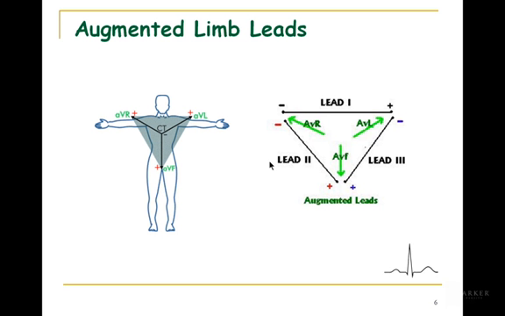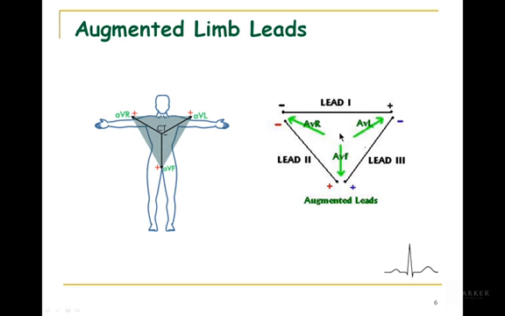I have no idea how it does it, but say I was going to look at this view right here: the machine combines the 2 electrodes, the one on the left wrist and the left ankle, as the negative recording electrode, placed in the center of the heart. Then it creates this one positive recording electrode up on the right wrist.